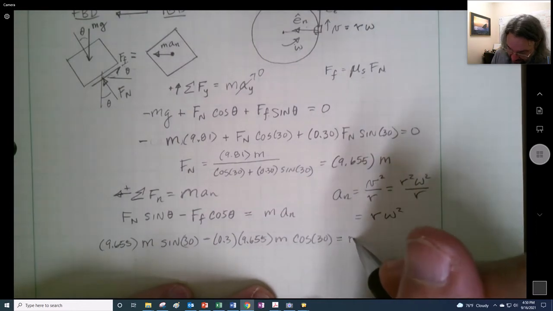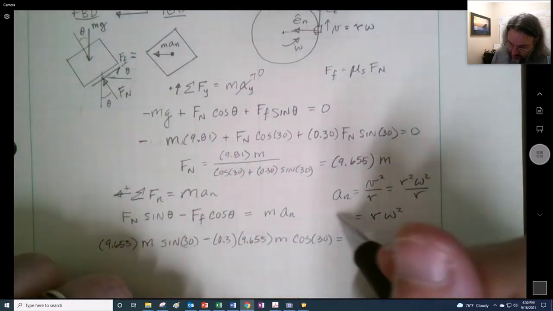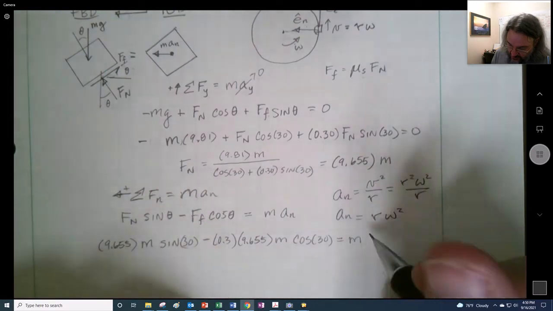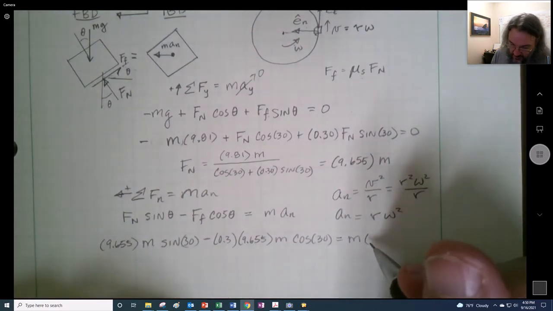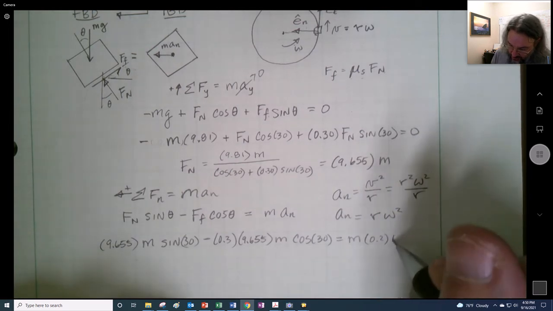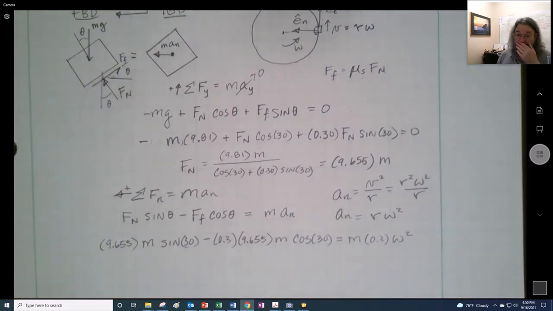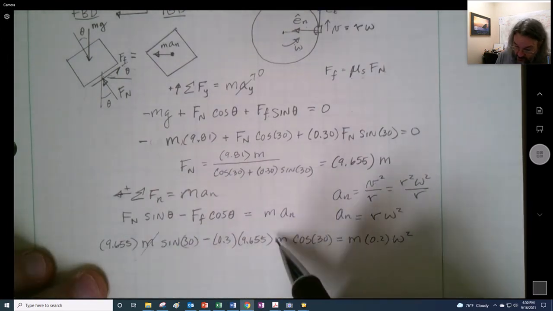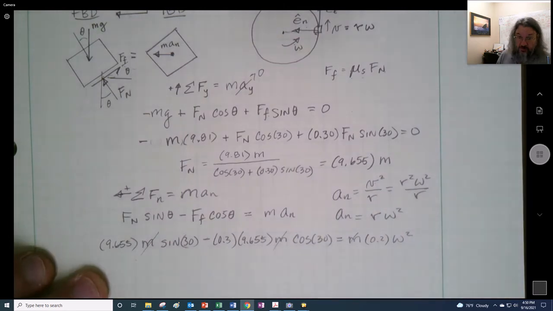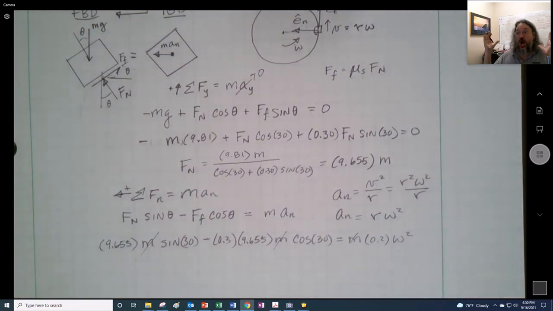And then equals m times my, well, I'll write the an right there so you can see that. So we have r, which is 0.2, and omega squared, and that's the thing we want to try to find, right? We're going to try to find what this value is when this thing is going to balance out. Notice though, m and m, they all cancel out. It didn't matter how much mass.